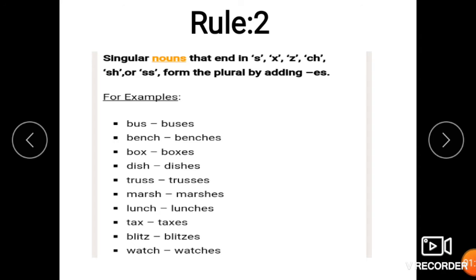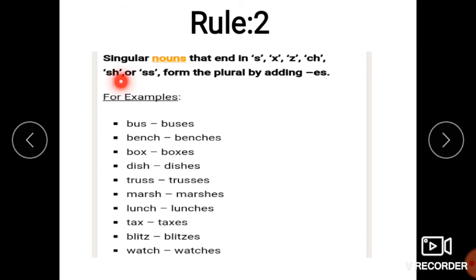And rule 2 is singular nouns that end in s, x, z, ch, sh or ss form the plural by adding es. That means the words ending with s, x, z, the ch sound, sh or double s, we will add es at the end of that word to form their plurals.